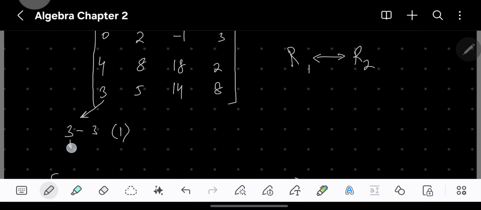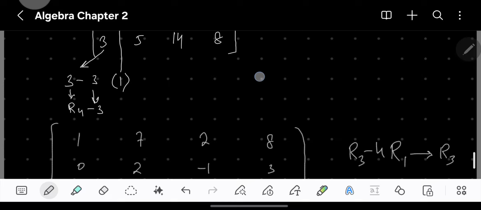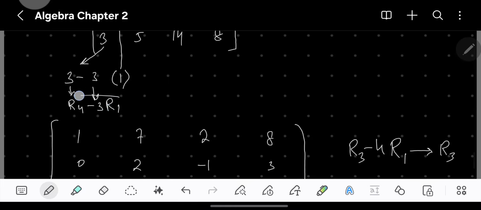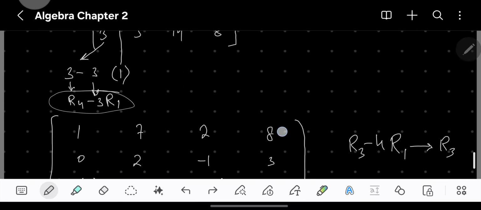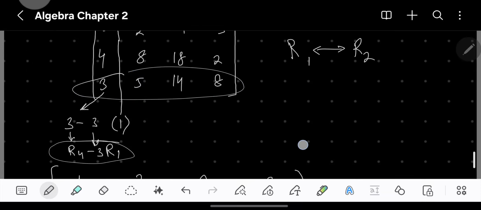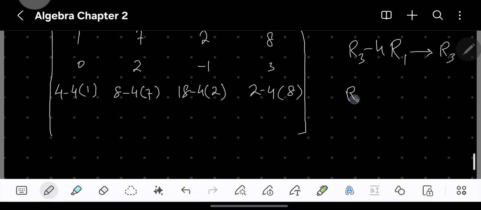This 3 refers to R4, because it comes from here, and this 3 is the scalar and this 1 is coming from R1. So this is the operation I will apply to make this element 0, and these changes will be done in R4. R4 minus 3 times R1.